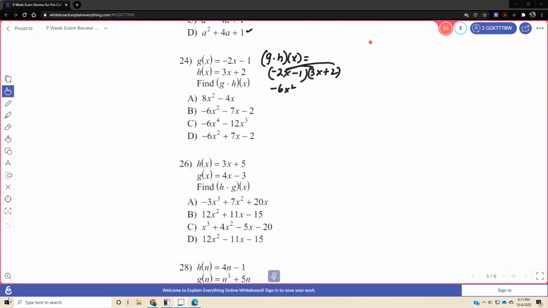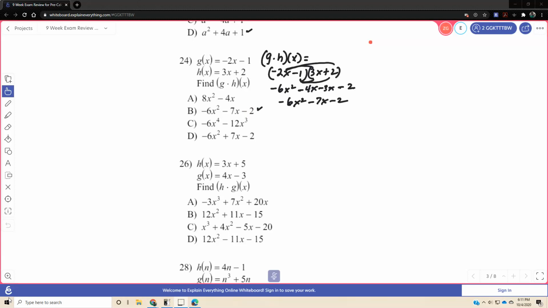Negative 2x times 2 gives you negative 4x. Negative 1 times 3x gives you negative 3x. Negative 1 times 2 gives you negative 2. So you have negative 6x squared minus 7x minus 2. So it's B.